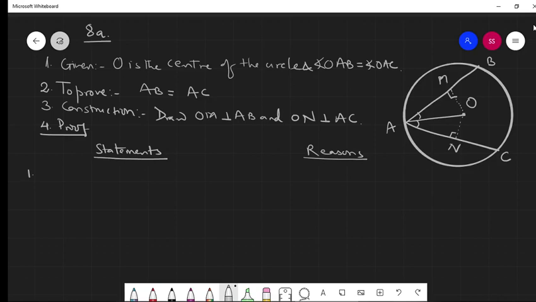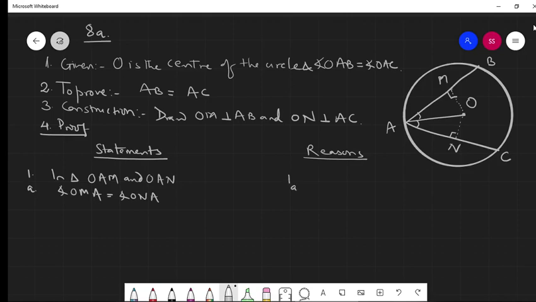Firstly, in triangles OAM and OAN, these two triangles, number one: angle OMA equal angle ONA.